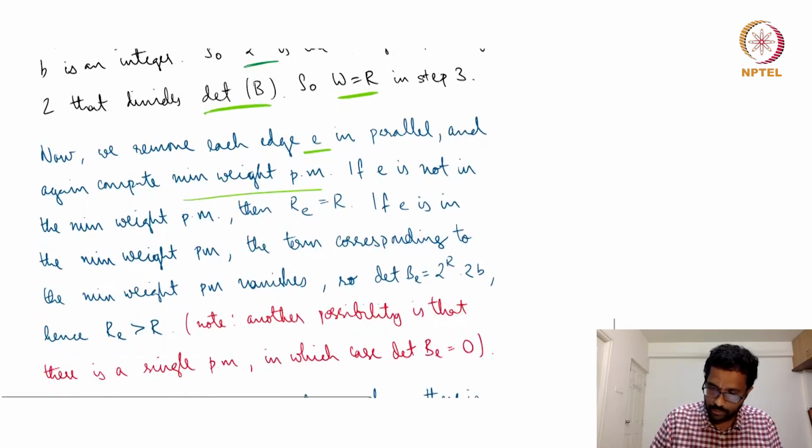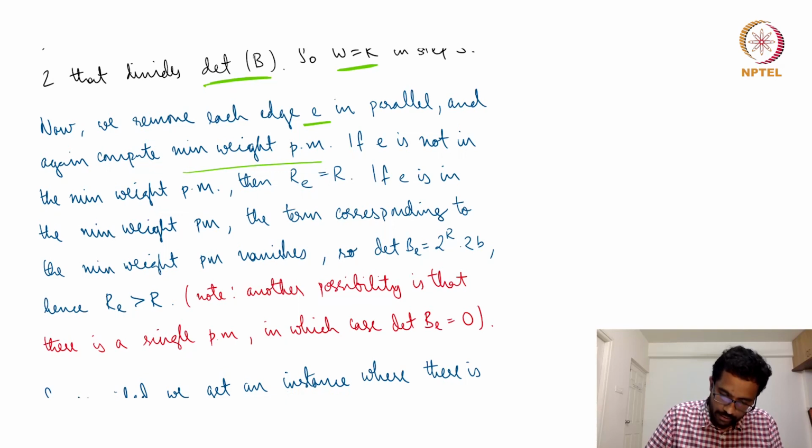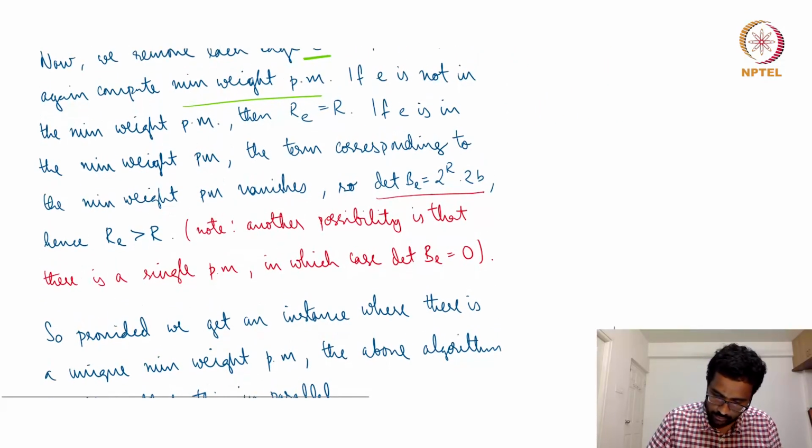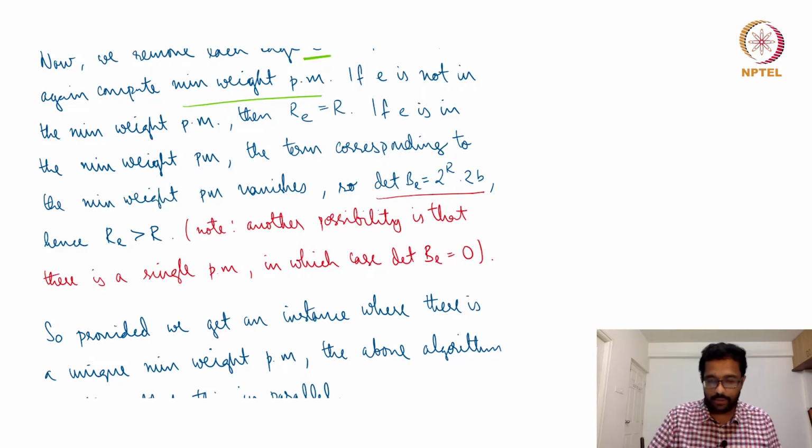Because of this, if E is in the unique min weight perfect matching, the term corresponding to this vanishes. So the determinant of BE will actually be 2 power r into 2b, which is what I have written here, 2 power w plus 1. I have already said that r and w are the same. So RE will be at least r plus 1.